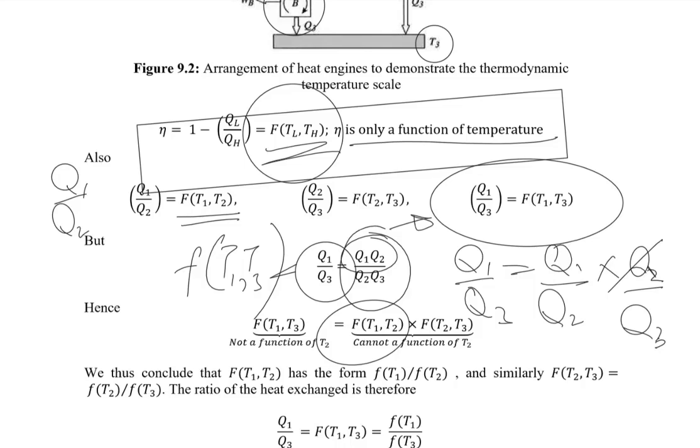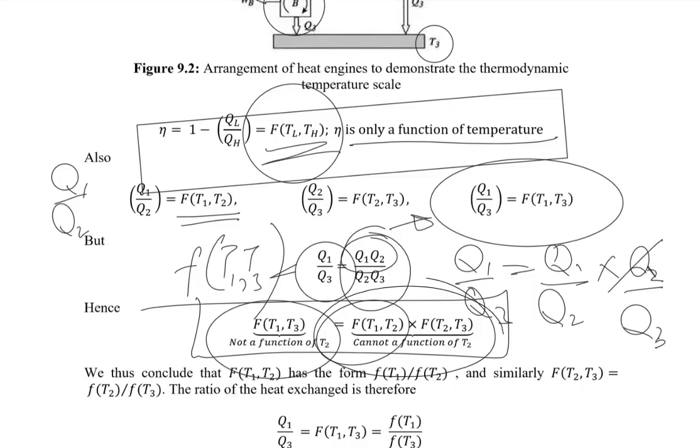But mathematically, this cannot be correct. If your left hand side is a function of two variables, your right hand side cannot be a function of three variables. So if your left hand side is a function of T1 and T3, your right hand side can only be a function of T1 and T3 and cannot be a function of T2.